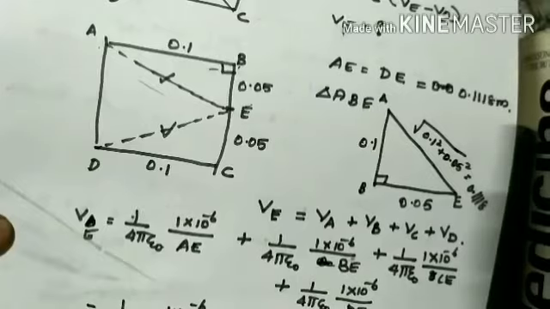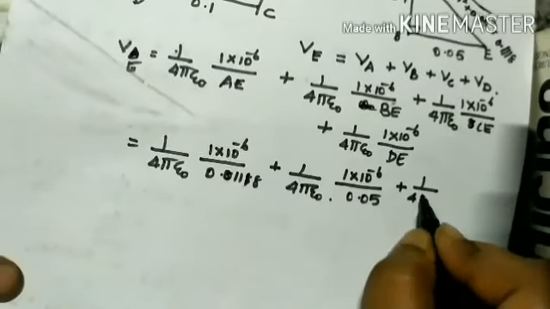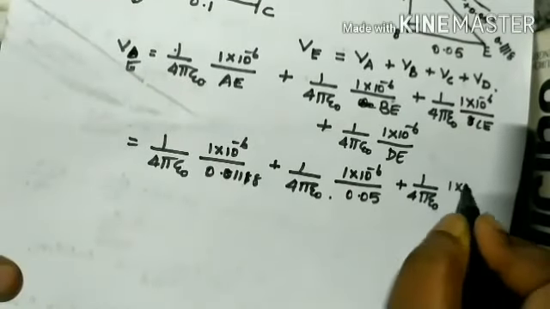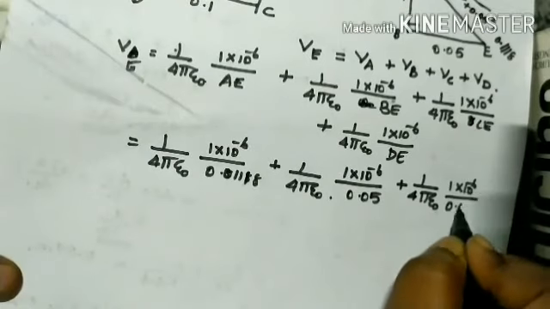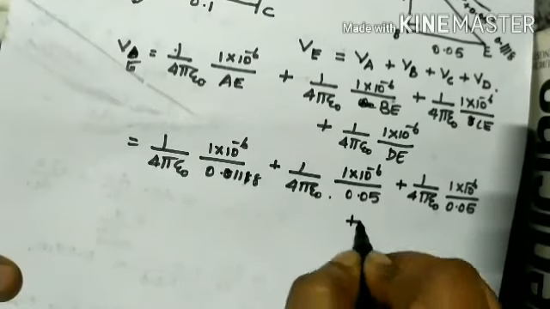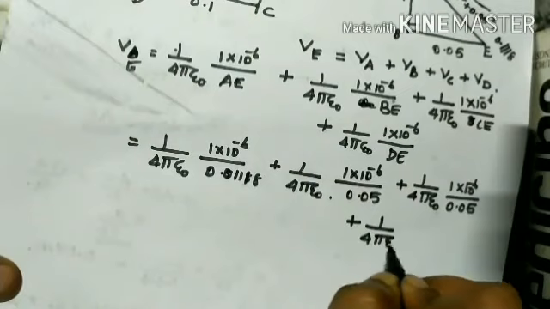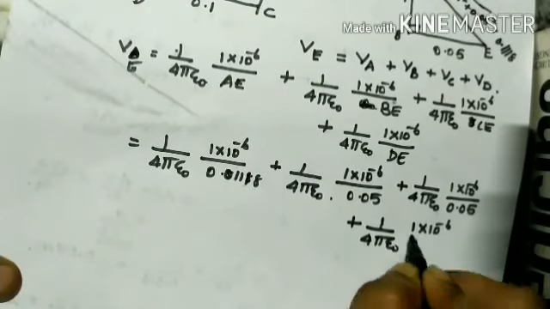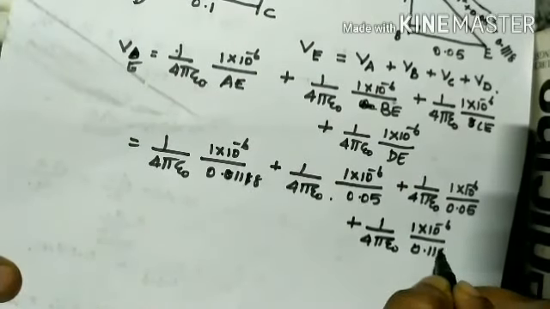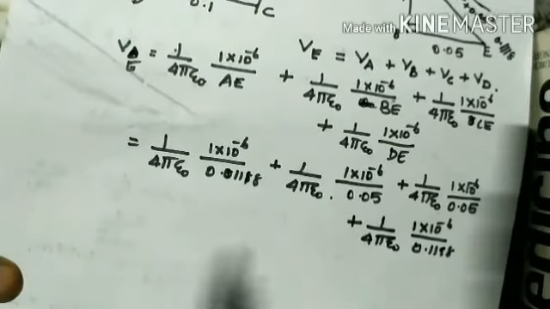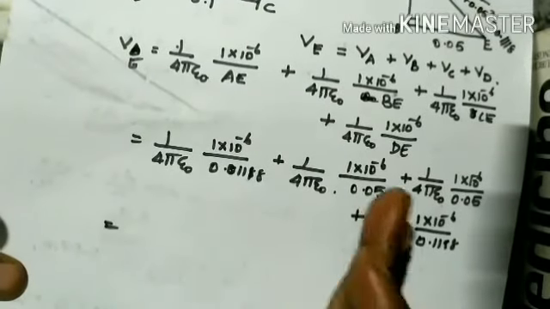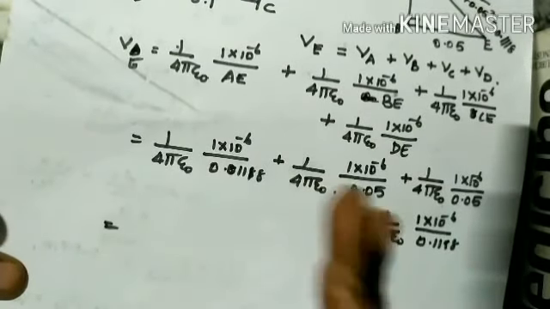Similarly, 1 by 4 pi epsilon naught 1 into 10 to the power minus 6 divided by 0.05. Then 1 by 4 pi epsilon naught 1 into 10 to the power minus 6, DE is 0.1118. Just calculate it.